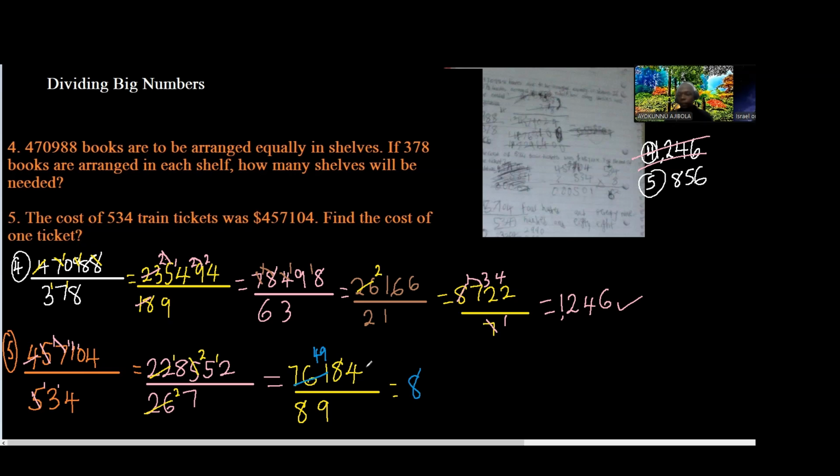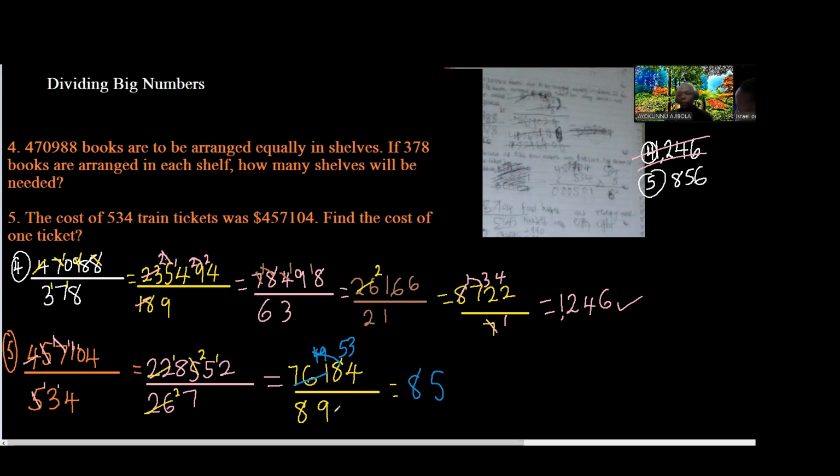Okay, 498 now. In 498, how many 89? We can see up to 5. So 89 times 5, that's 445. And if we remove 445 from 498, we have 53, which is left with 5. With 4, that's 534. Then that's what we're going to divide by 89 again.